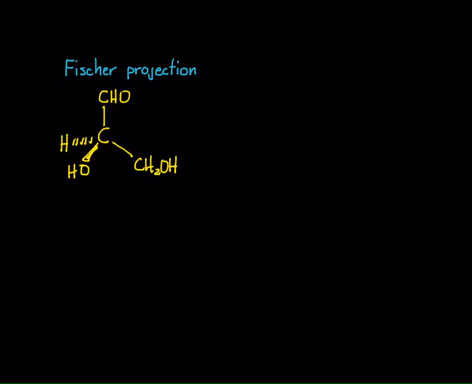I'm going to place the CH2OH group in the same plane, and then I'm going to place the OH coming out at me so that I have the R stereoisomer. So this is a simple representation of R glyceraldehyde that we've seen many times before.